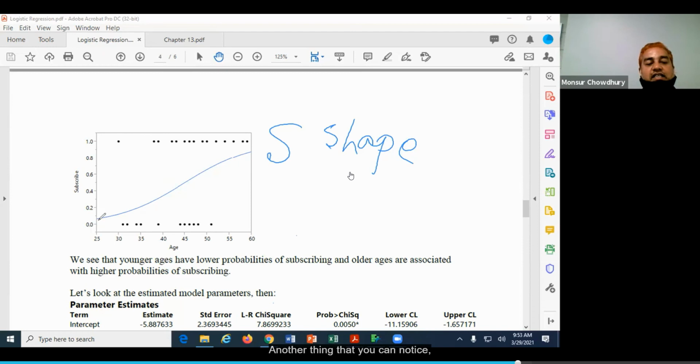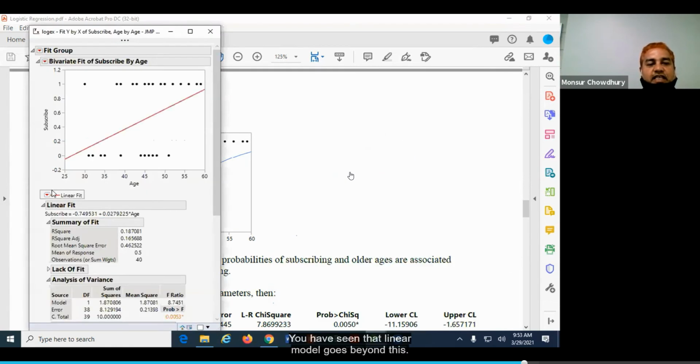Another thing you can notice is that when you fit the logistic regression, it's bounded by 0 and 1. But when you fit the linear model, you have seen that it was going below 0. And that's why we use the logistic one.